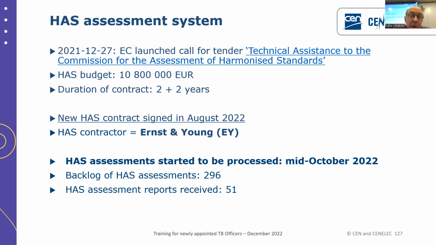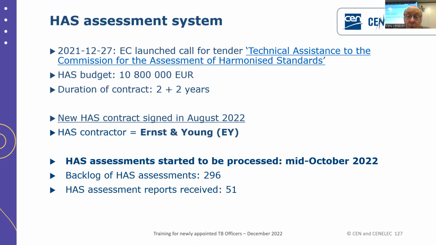And since August, the new contract has been signed, but as some colleagues in the room have said, there has been a big time during which there was no service provider. And so we got a backlog of around 296 standards to be assessed.